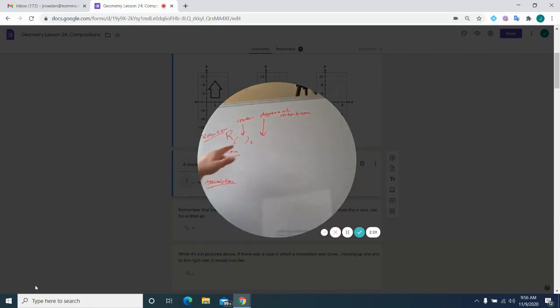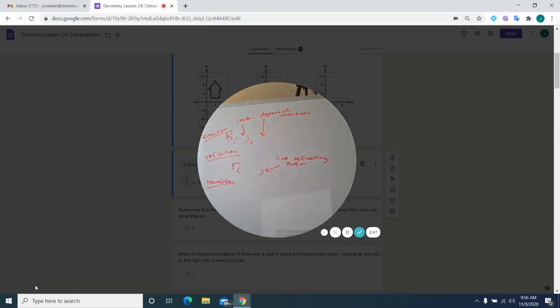So it's R, the center, comma, the degrees of rotation. For a reflection, we'll do lowercase r, and then right here we'll just have the line that we are reflecting over.